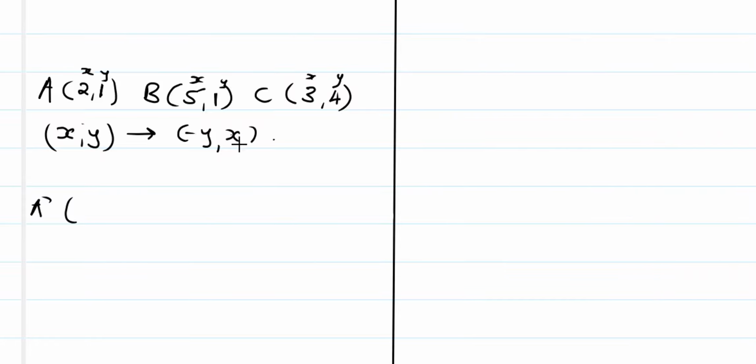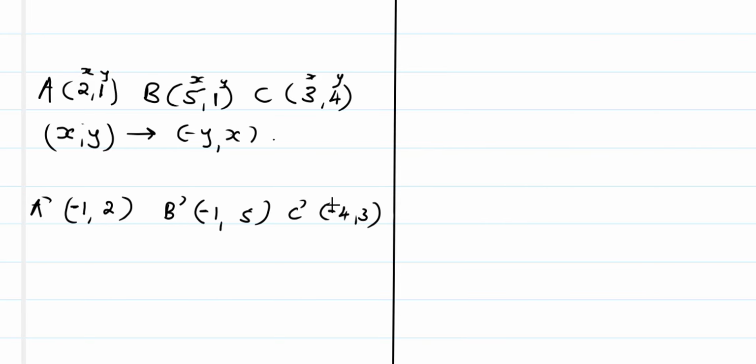So now y starts, so it becomes 1, 2. Then B becomes 1, 5. And then C now becomes 4, 3. But we said everything that will occupy the first position must be negative, so we put negative in all of them like this.